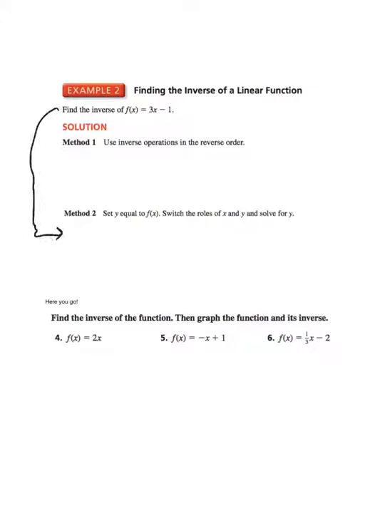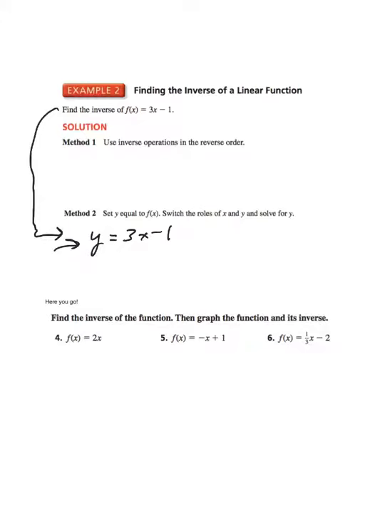To do method 2, we start with the basic function, y equals 3x minus 1. To find the inverse of this function, I'm going to switch the x and the y. So what does that mean?